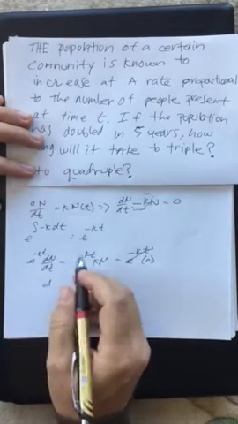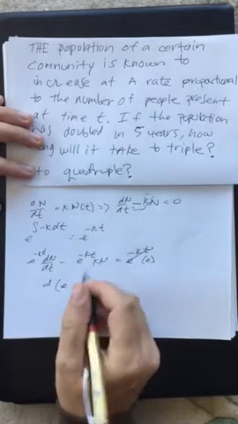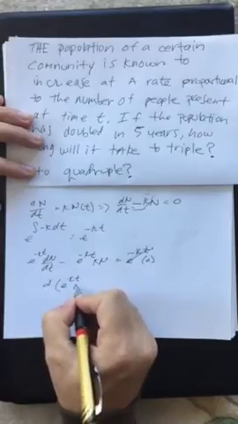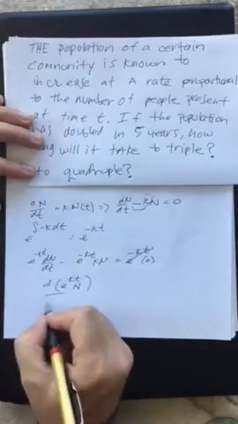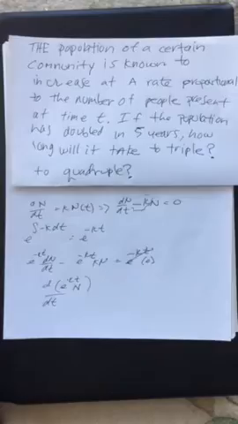Could you rewrite this as the derivative of e to the negative kt N over dt? Yeah. If you were to do the product rule, you would get this.